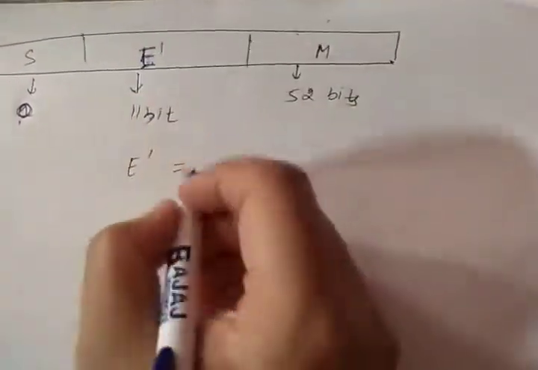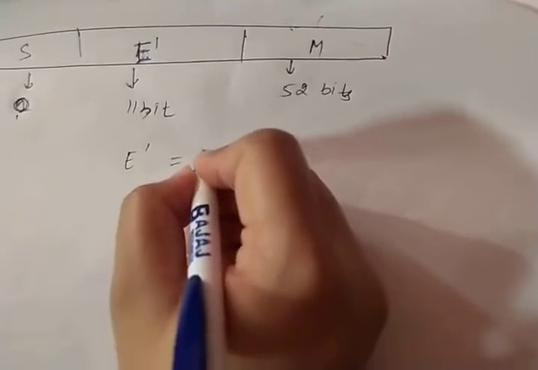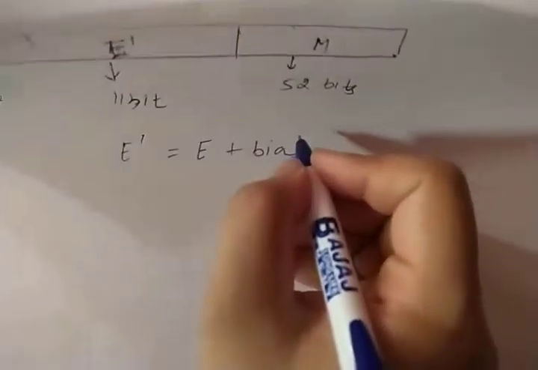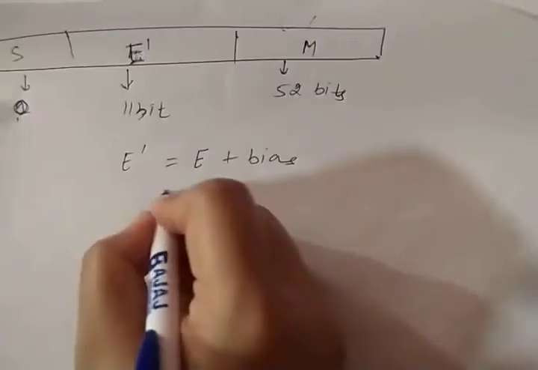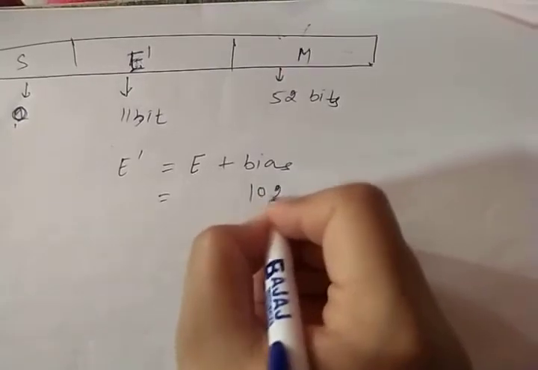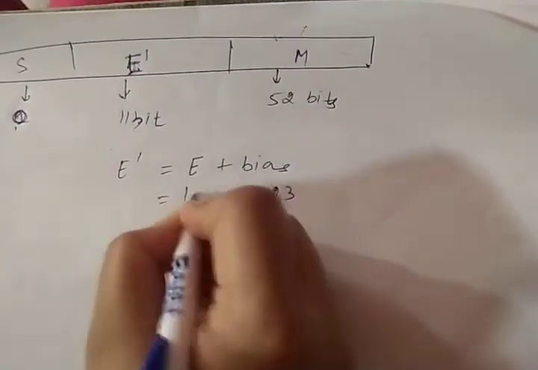Now about the modified exponential part, as I told you, it is based on the formula e plus bias, and in 64-bit format we use 1023 plus the exponential part.